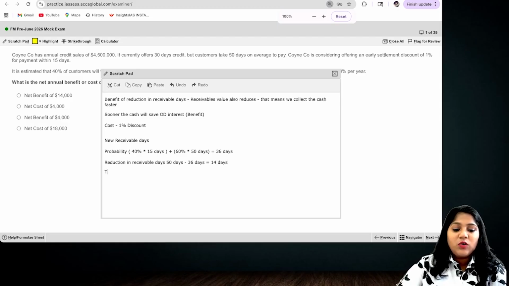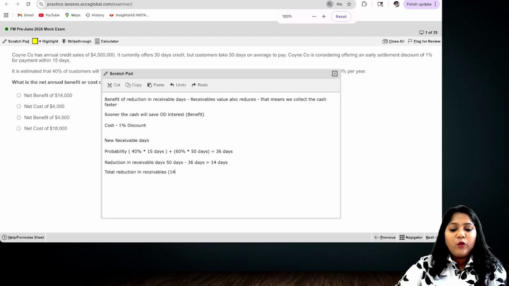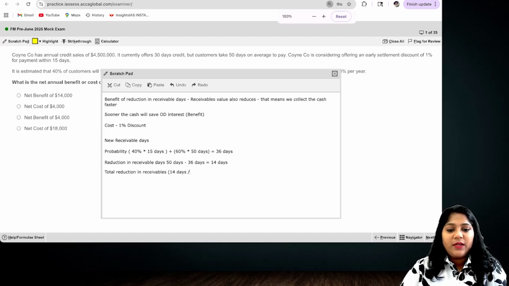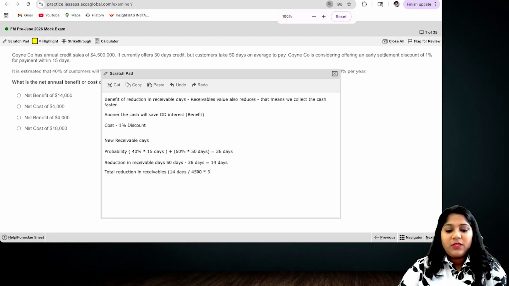So now what is the total reduction in receivables? Total reduction in receivables shall be 14 days divided by what? Sorry, 4.5 million, I'm doing vice versa.